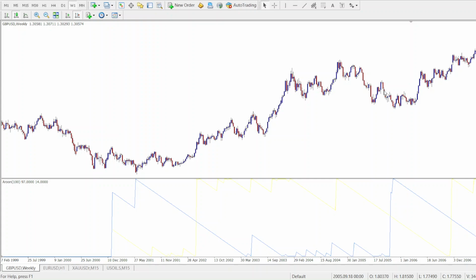You can use between that to 100 if you are a position trader. So basically these are the settings for the different kinds of trading: a scalper, a day trader, swing trader, or position trader.